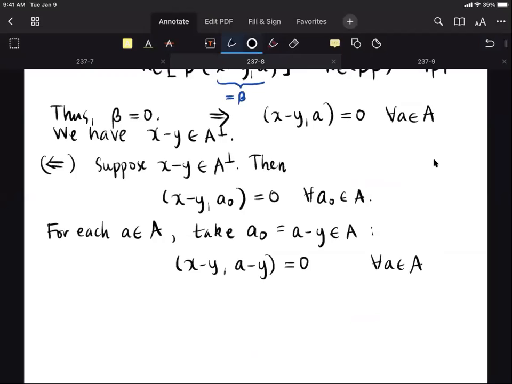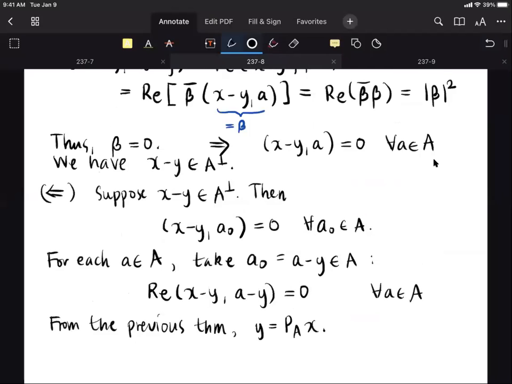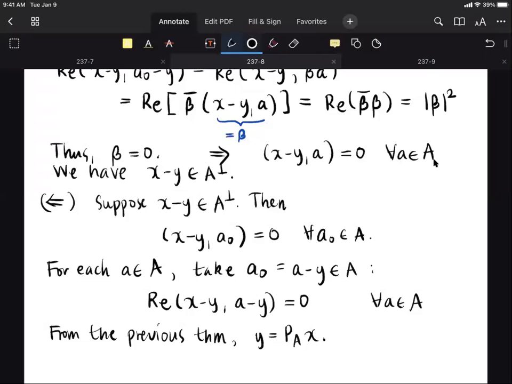Again, this is true for any a in your subspace. Since this is true, the real part also satisfies this equation. And from the previous theorem, this implies that y must be the projection of x in A. Recall in that theorem, we only need less than or equal.